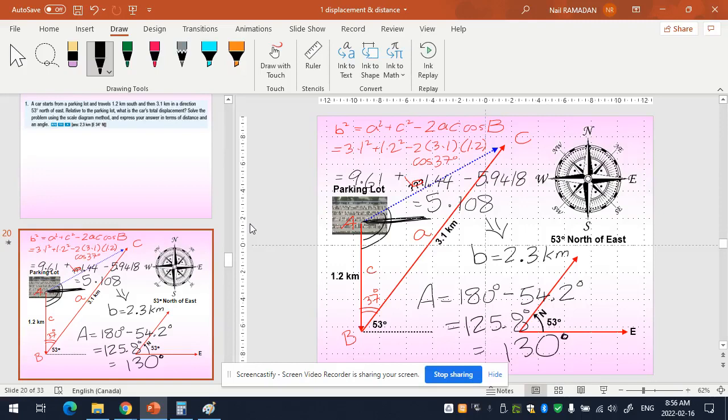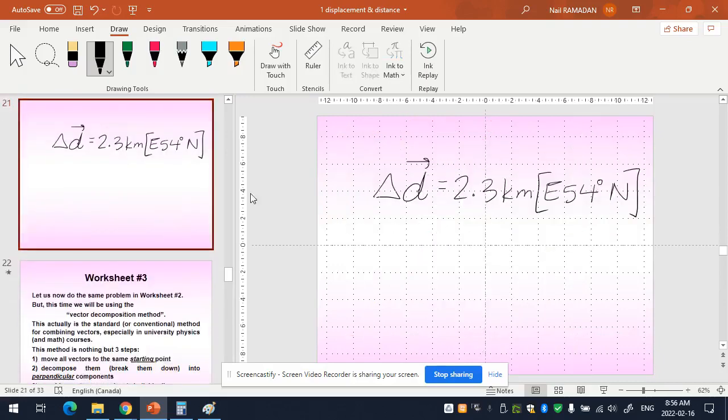How much is the whole thing? 130. How much is this stealing from it? 90. So how much is left? 40 degrees. My bad. So sorry. It's not this that we use. It's the full thing minus the 90. So how much? 40 degrees.